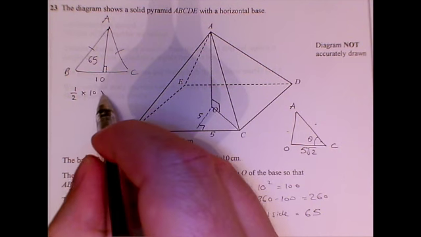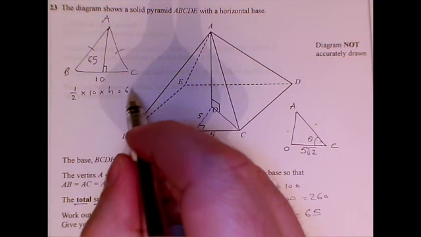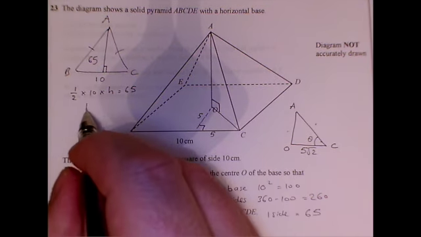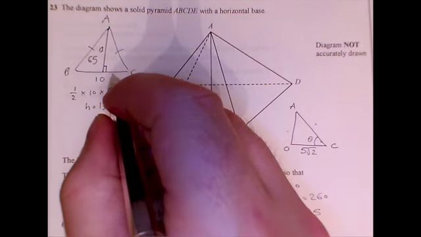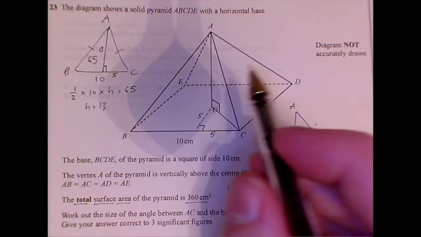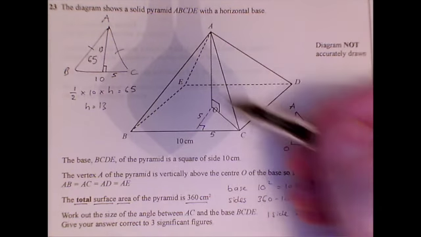Now half times the base times the height is the formula for the area of a triangle, which I know is 65. And so you can see I've got 5h equals 65, so h is going to equal 13. So I've got a triangle that's got a perpendicular height of 13, and a side length of 5. So Pythagoras will let me work out the length of AC now.